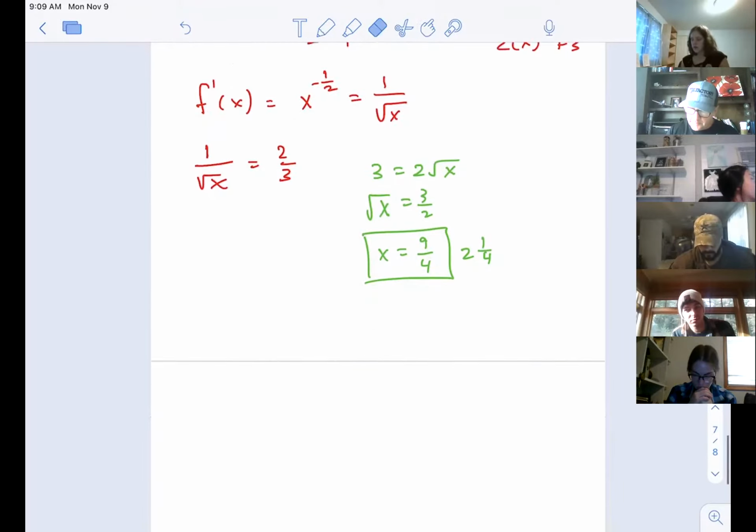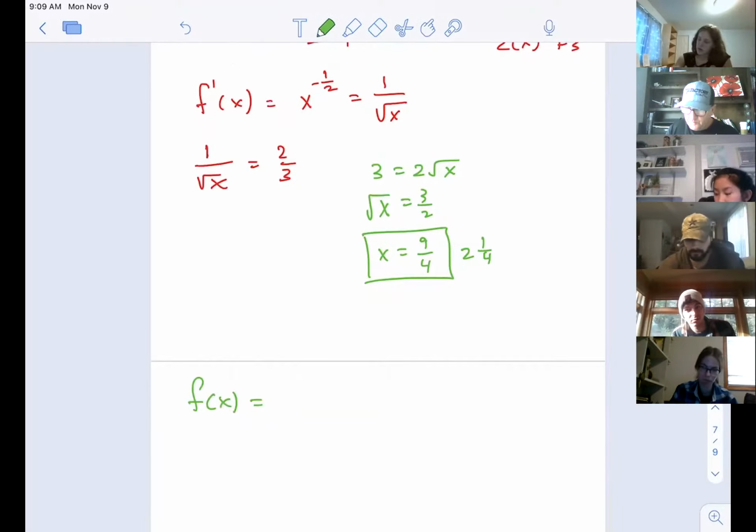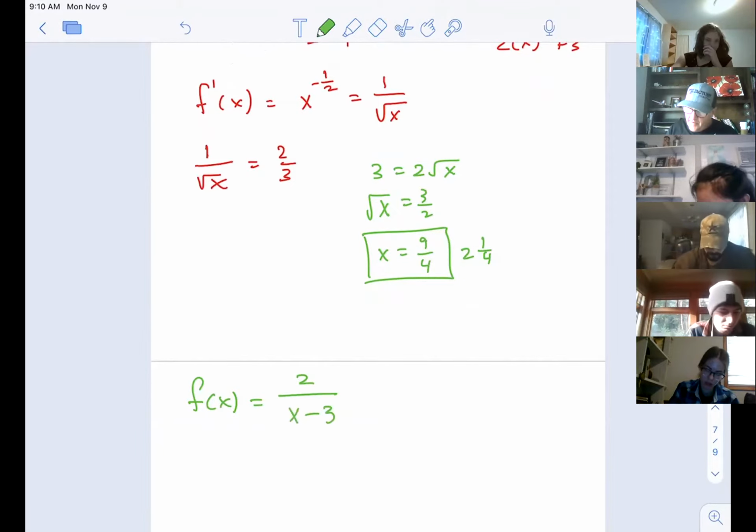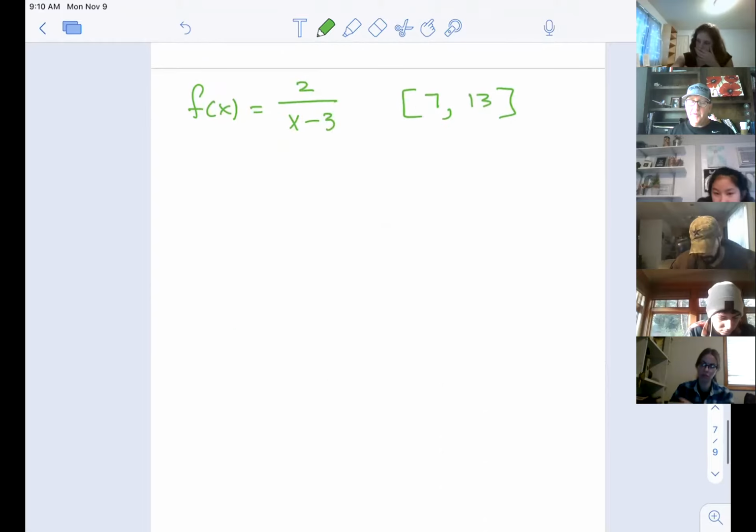You try this one really quick. So that was a radical function. What about a fraction? Like, I don't know, 2 over x minus 3. And let's put this on the interval of 7 to 13. I'm not writing out all the details, but between 7 and 13, what's the average slope?